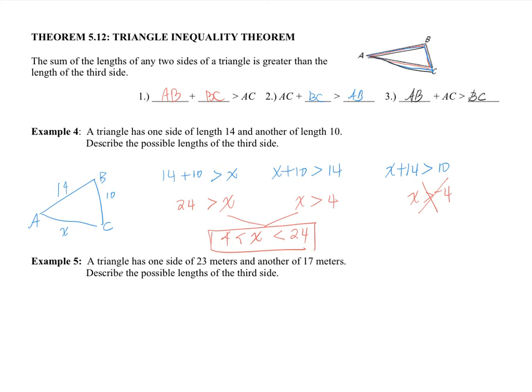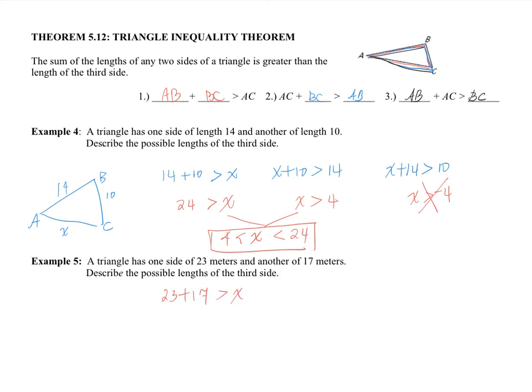So example 5 is the exact same thing. A triangle has one side of 23 meters and another of 17 meters. Describe the possible lengths. So I can do 23 plus 17 greater than x.